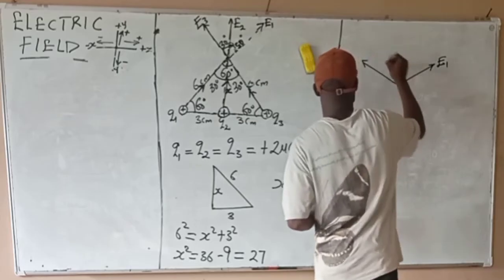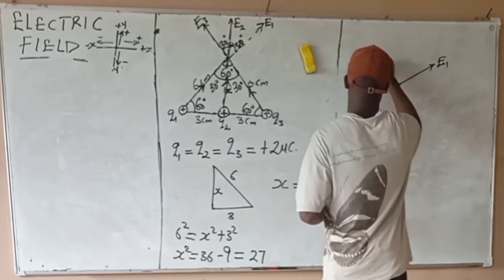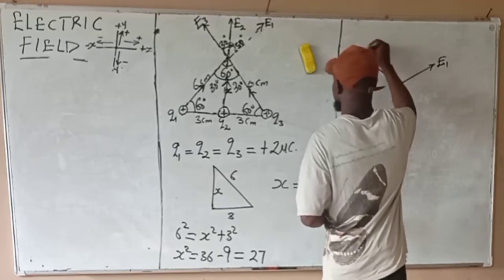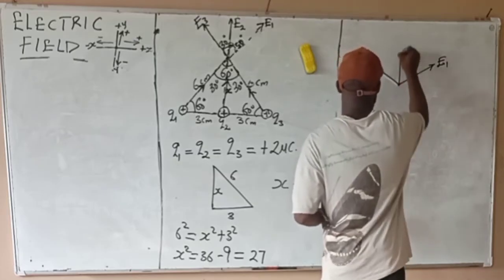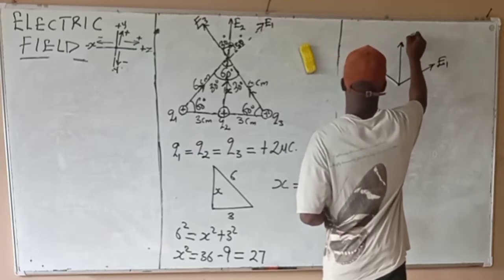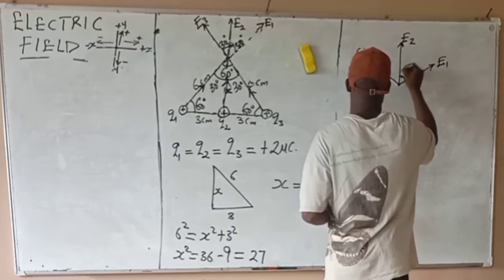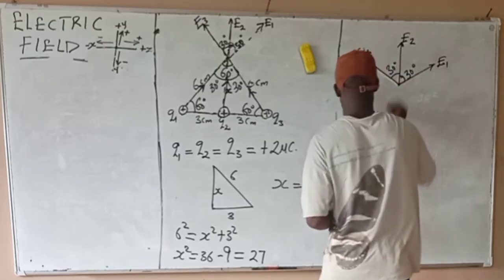Another vector is moving towards this direction, that vector is E2. Then another vector is moving upward, and that vector is E3. This angle is 30 degrees, and this one is also 30 degrees.